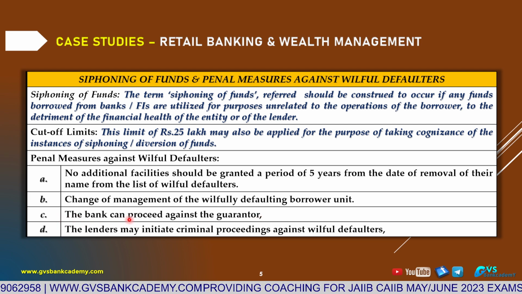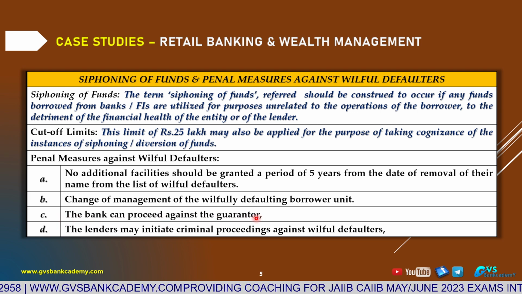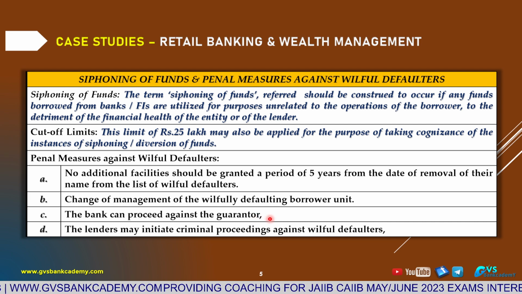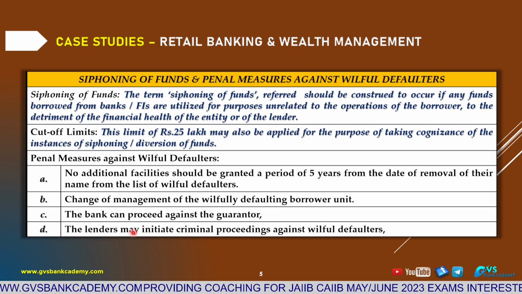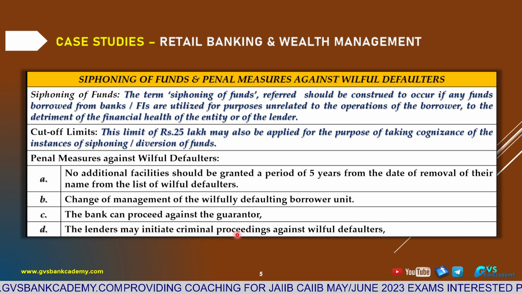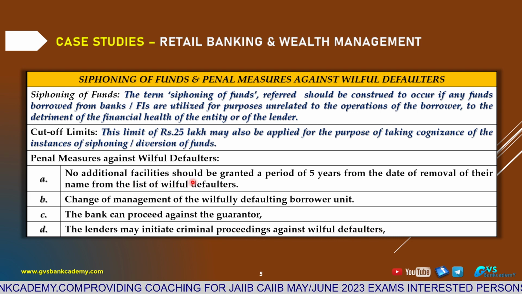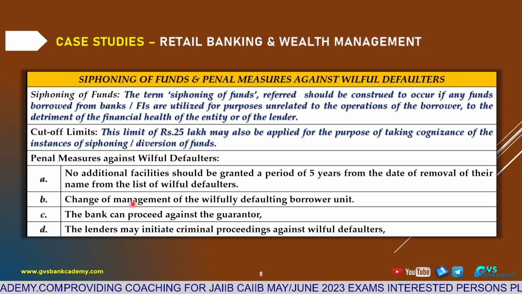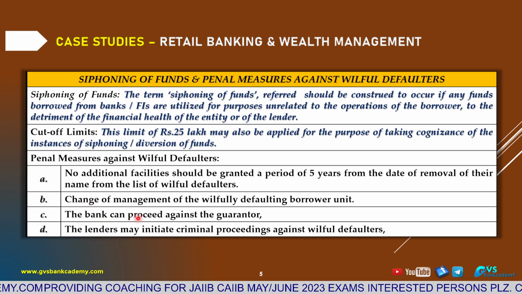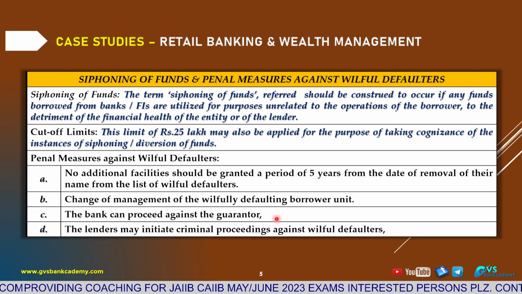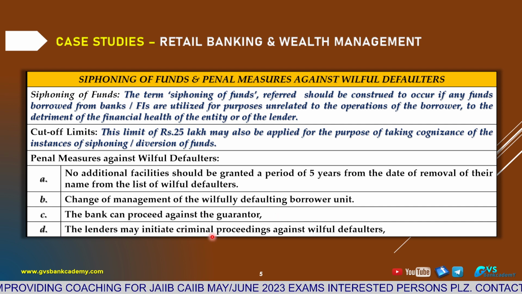C. The bank can proceed against the guarantor also, simultaneously. As per the Indian Contract Act, the lenders may initiate criminal proceedings against the willful defaulters. So these are: no additional facilities for 5 years, change in management, proceeding against the guarantor, and criminal proceedings.